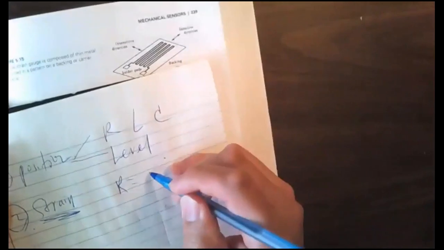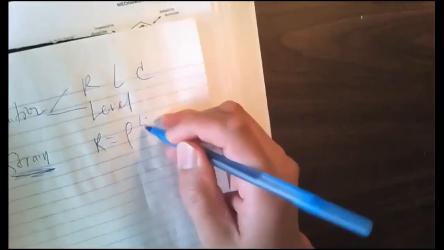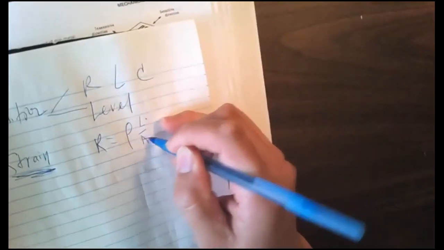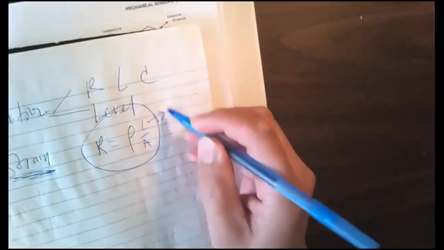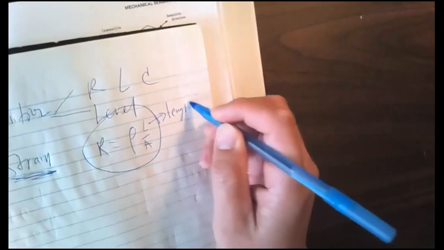Remember? Everybody remembers that equation. Resistance equals, right? That's the equation to calculate resistance. So this L is the length of your wire.